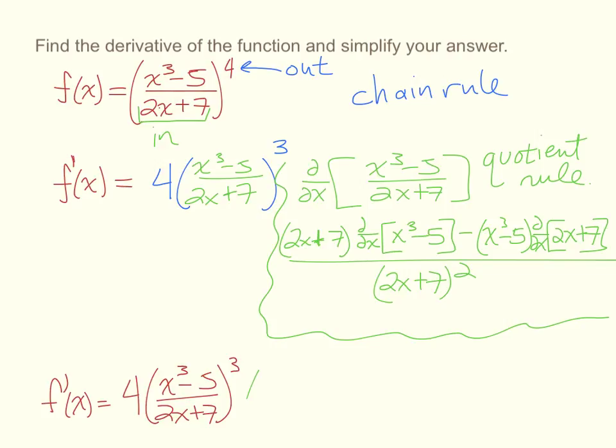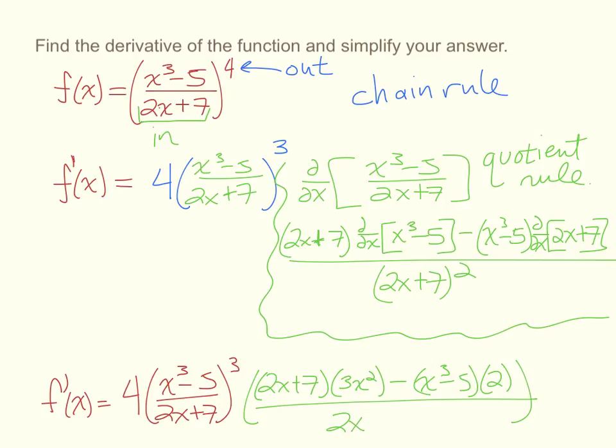And when we do that, we get 2x plus 7 times the derivative of x cubed minus 5, which by the power rule is just 3x squared, minus x cubed minus 5 times the derivative of 2x plus 7, which by the power rule is just 2. In the denominator, we still have 2x plus 7 squared.